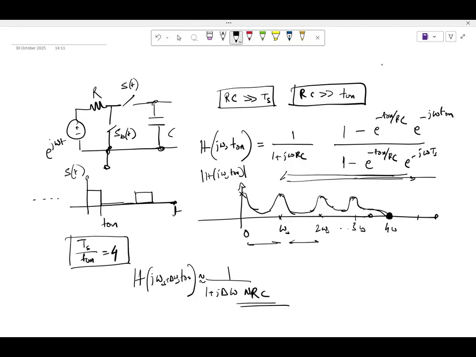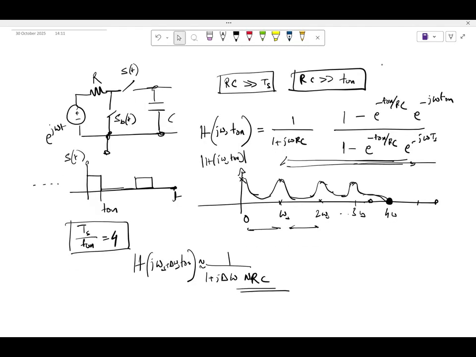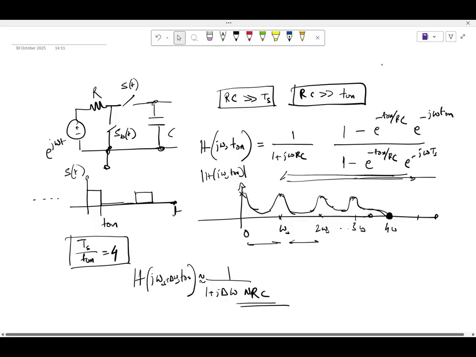This math was necessary because the intuition will come from the math, and after that we are going to reuse the intuition. Okay. So in that class where I gave a presentation of the works, I mentioned that if the RC time constant is very high, then we can think of the voltage across the capacitor as an average over the on time of the switch.